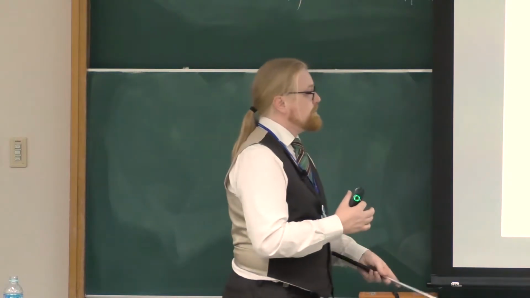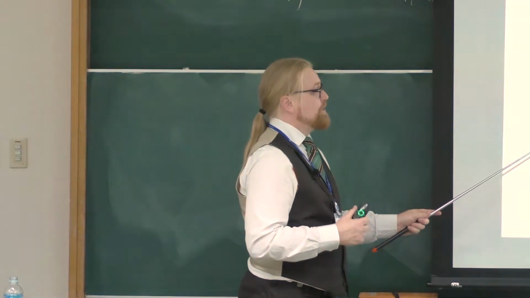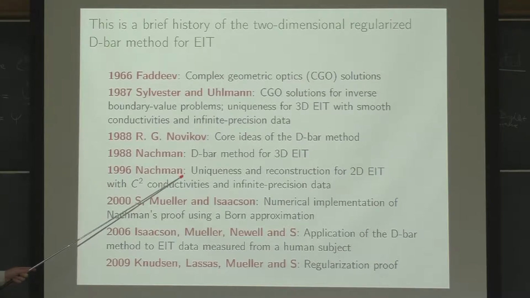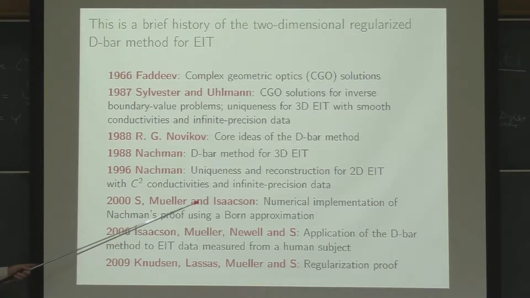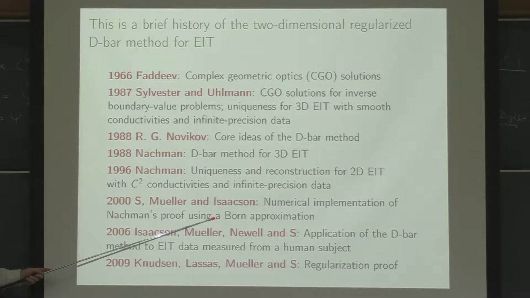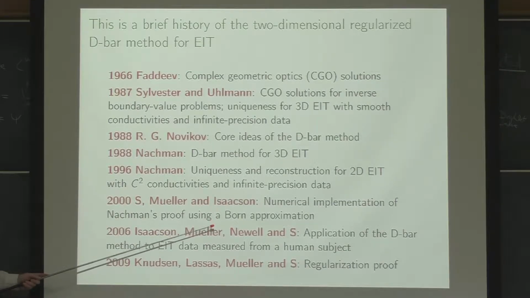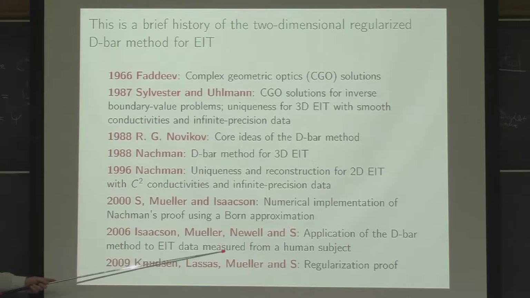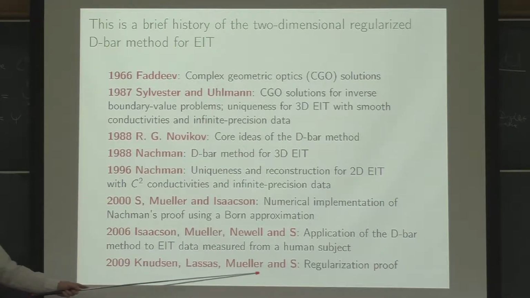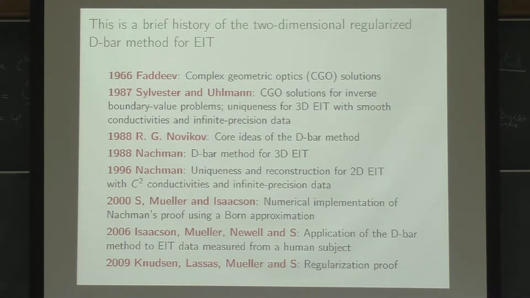In 2D, up to this point, no one could prove anything about their existence and uniqueness. But here was a breakthrough showing that in the case of EIT, they are there and they can be used. And then later in our team, we went on and tried this numerically, first in a simple way, and later in a full way. Here we tried it with human data and found out that it works. And here we could prove the regularization strategy property.